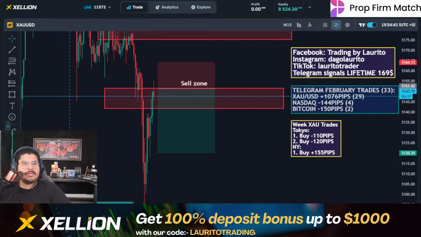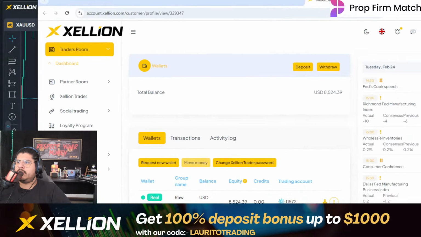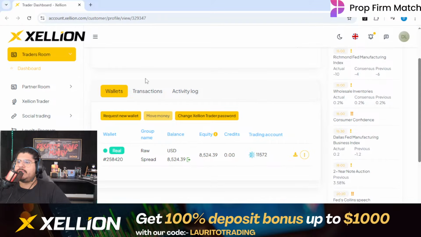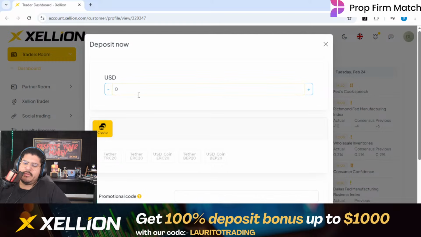So with that, it's very simple. You just need to go to the dashboard. Your balance will be there and everything. For the deposit, you need to generate the minimum deposit of $50.